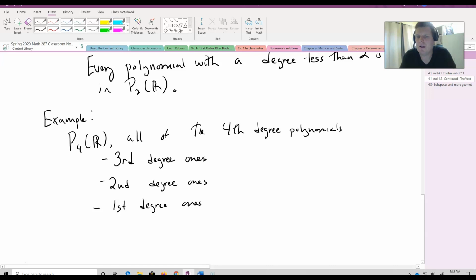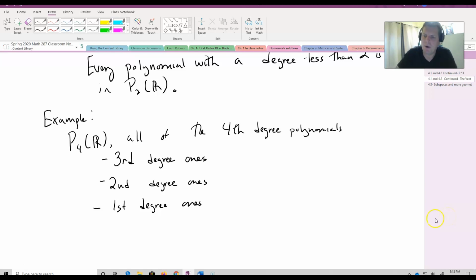And that's P4(R), right? It'll be the fourth, the third, the second, and the first. Okay? There you are. Cool. Now, just like in R3 and R2, well, it's a little bit different, okay? Just be careful in terms of saying that P2(R) is a subset of P4(R), all right? We'll have to think through that one a little bit. I think it might be, which is interesting, all right?